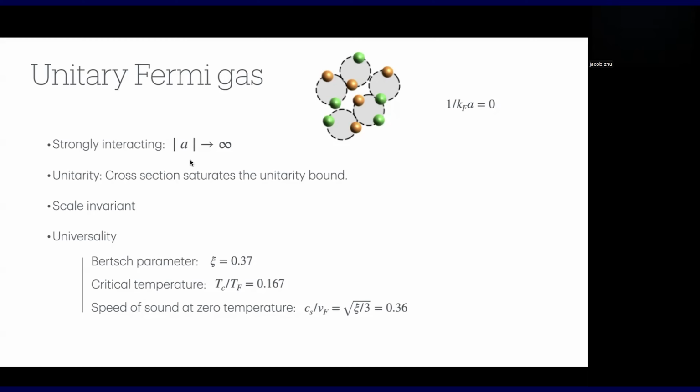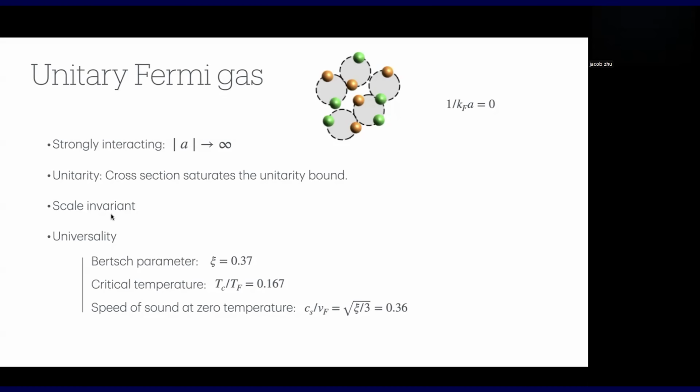So it's a strongly interacting theory, and it's called unitary Fermi gas because the cross-section reaches the maximal bound set by quantum mechanics, right? So there is an upper bound, and when a is infinite, we reach that bound. So the fermions scatter as much as quantum mechanics allows, basically.